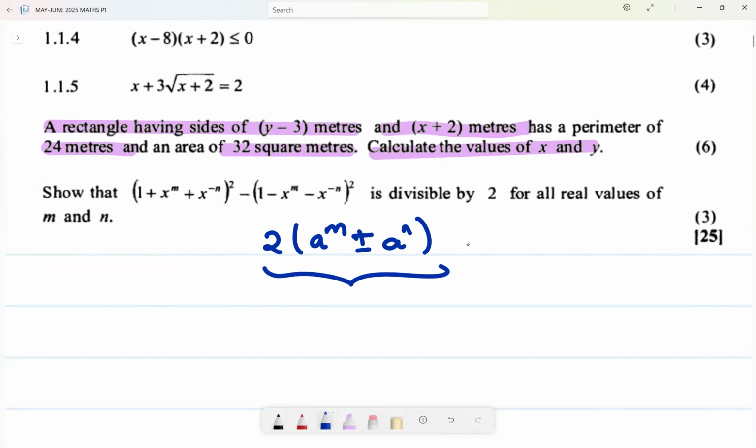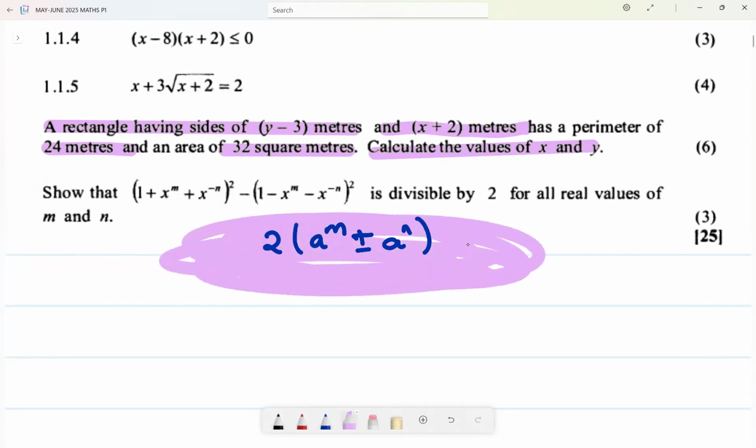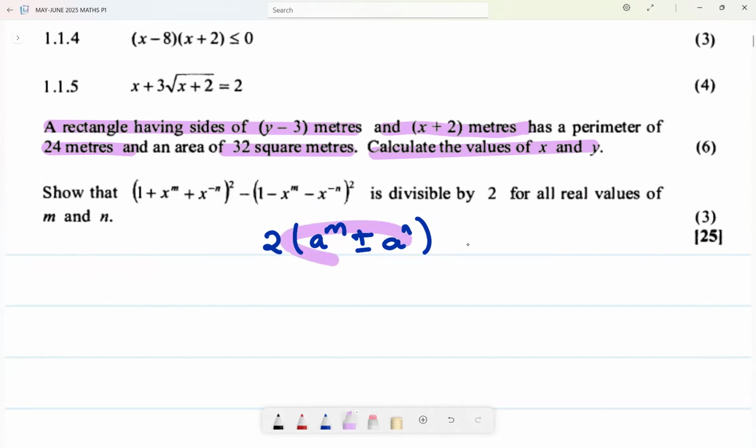If this one has a factor of 2, it tells me that this whole part is divisible by 2. So I need to make an expression, and after that expression, see if I can take out 2 as a common factor. If I can take out 2 as a common factor, it means this whole part is going to be divisible by 2 for all real values of m and n. Okay? Yes. So let's try to see that.